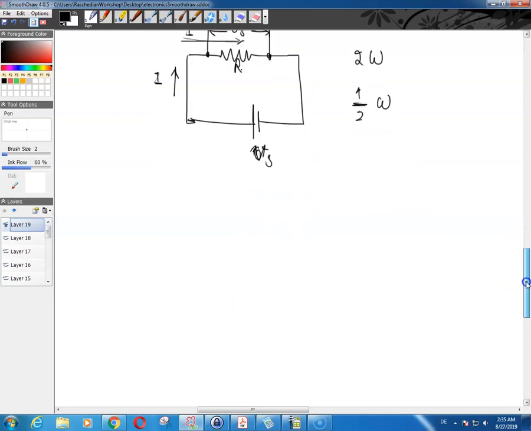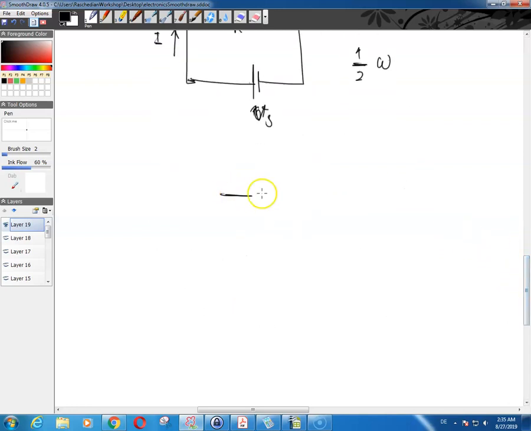And for example, in the case of a transistor, suppose that this is a transistor, and these leads here you have your base, here you have your collector, and here you have your emitter.